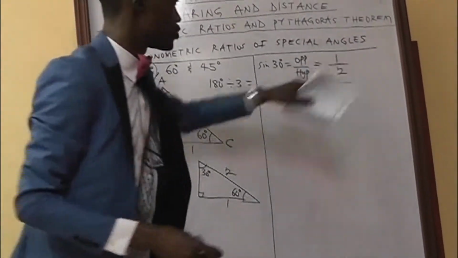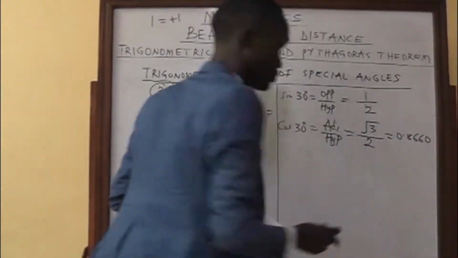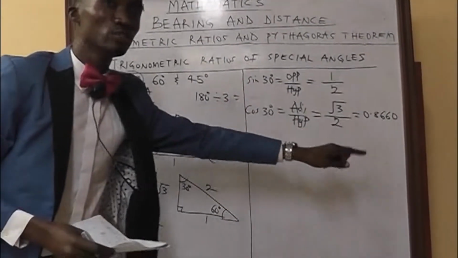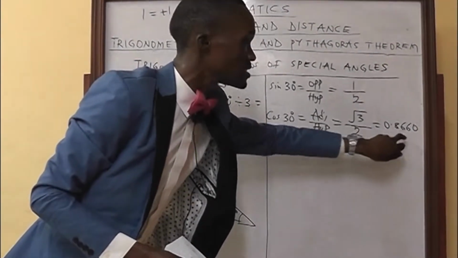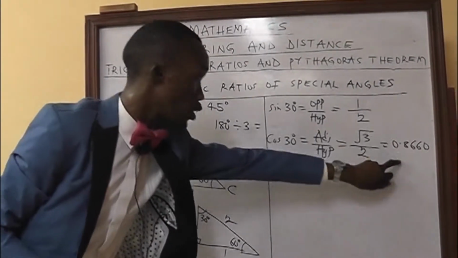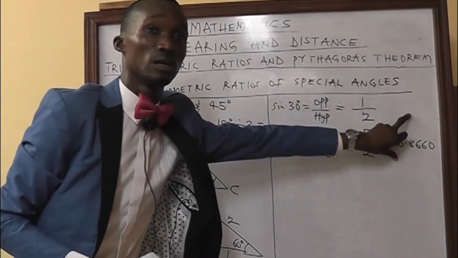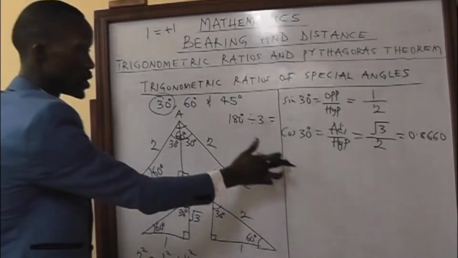If you should press your calculator, it will give you 0.8660. So where you are to write root 3 over 2, if you make use of 0.8660, you will get the right answer, but you will not get your mark for it. So stick to the instruction that you have in the question. It's always good.